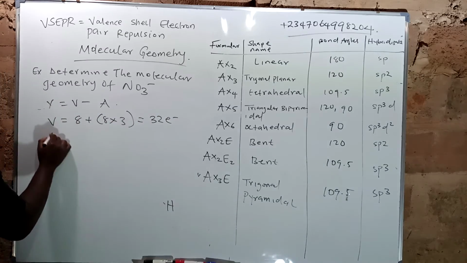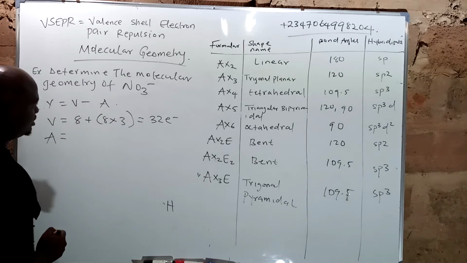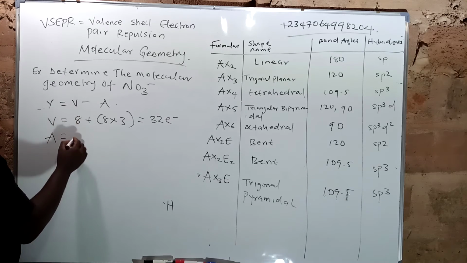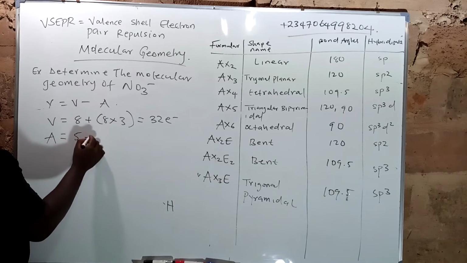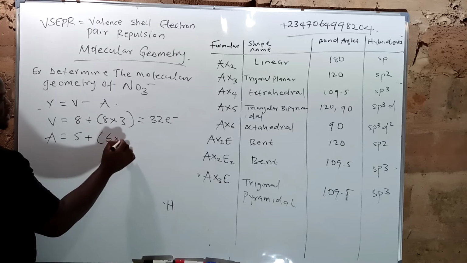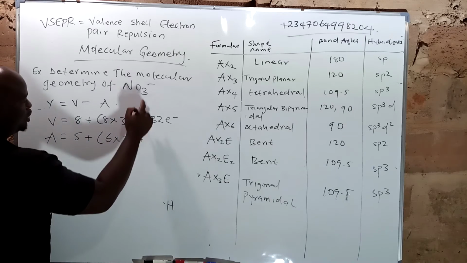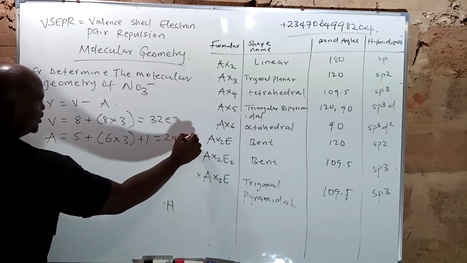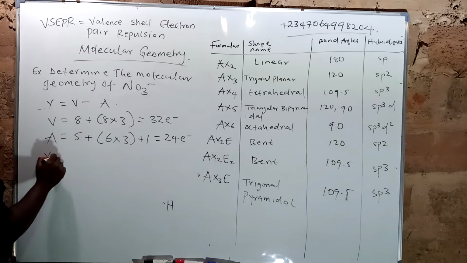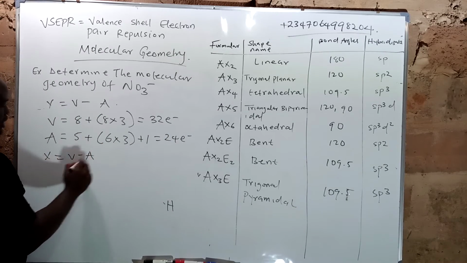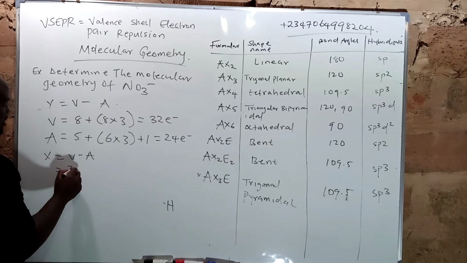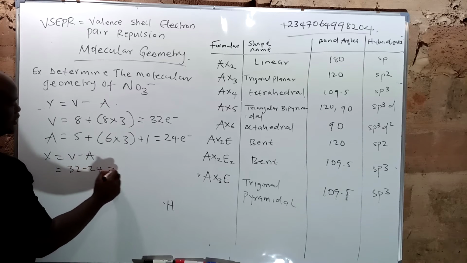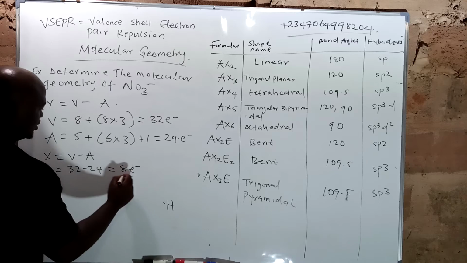And then your A, the number of valence electrons available, is 5 for nitrogen plus 6 for oxygen times 3, plus 1. Because of the minus, you add 1, and that will give you 24 electrons. So your S is V minus A, 32 minus 24, that will give you 8 electrons.